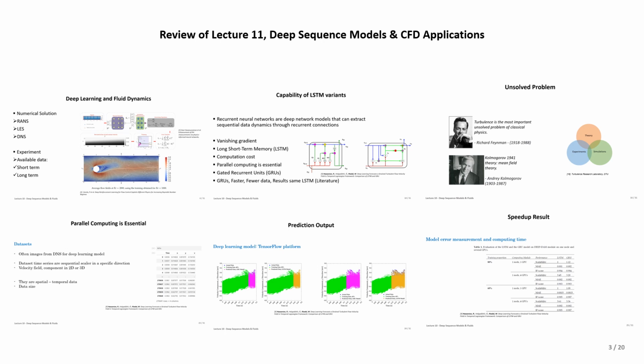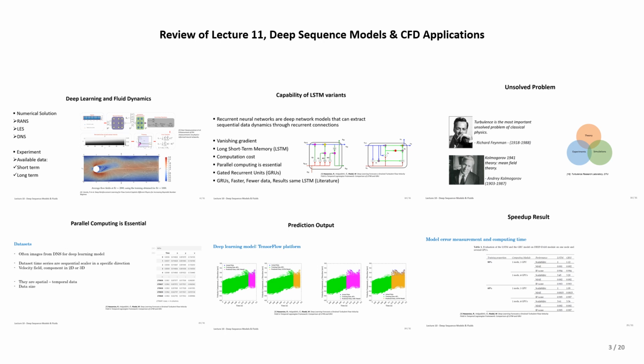an introduction to the application of the deep sequential model for computational fluid dynamics, and we looked at the advantage of the recurrent neural network, especially long short-term memory, LSTM, and its variant like GRU, gated recurrent unit.